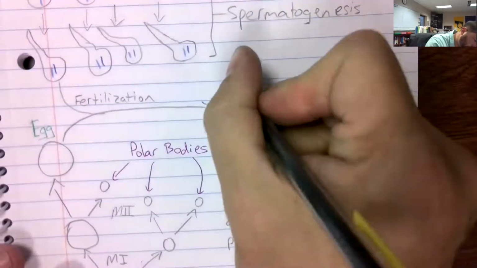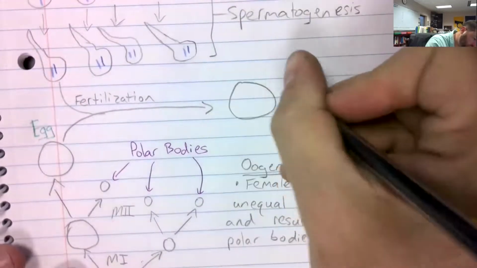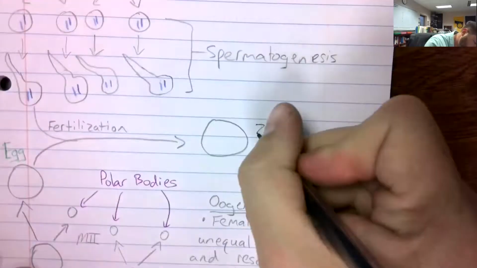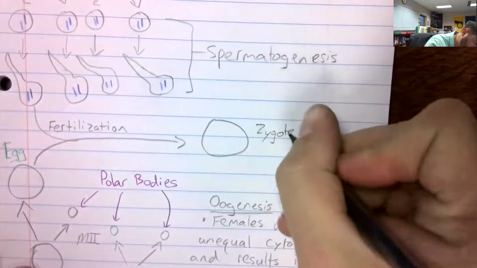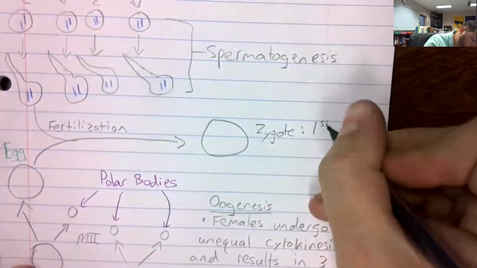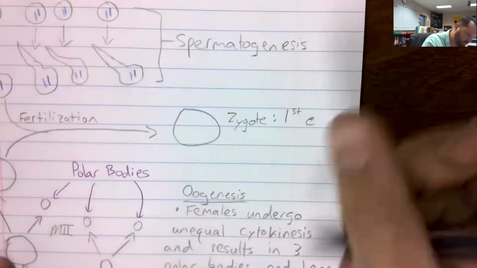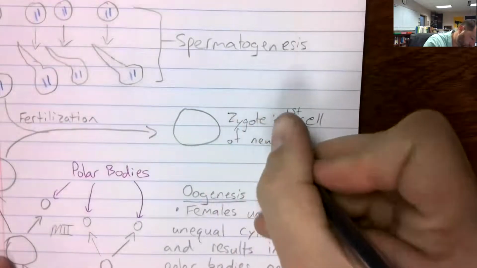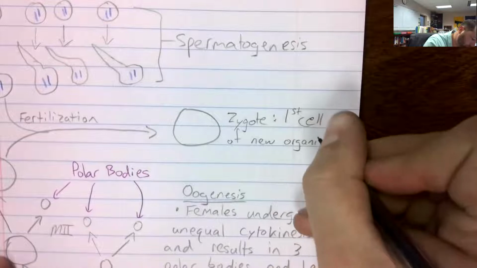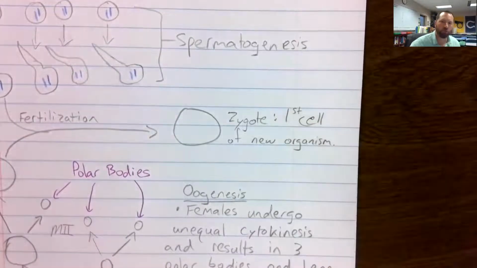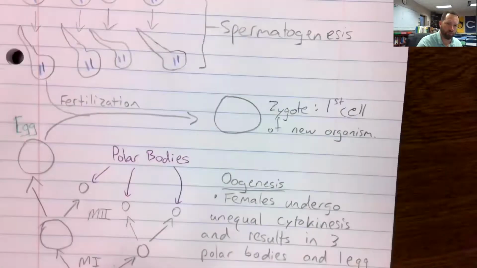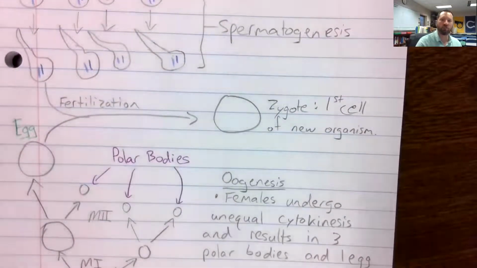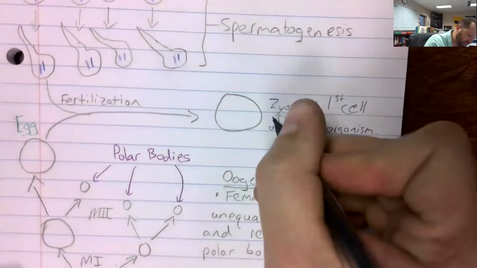And the result is called a zygote, which is the first cell of a new organism. So sperm meets egg, and you get the first cell of a new organism, which we refer to as a zygote.